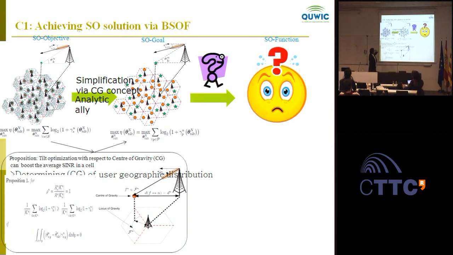And what we are doing here is proving that for tilt optimization, you don't have to optimize your tilt for each individual user, particularly if there are hotspots. If there are hotspots, then you can easily represent your whole cell's users with one point, namely the center of gravity. And the proof for that is given here.